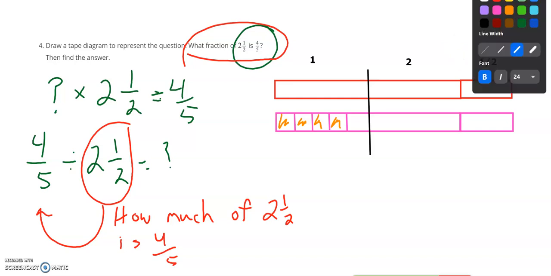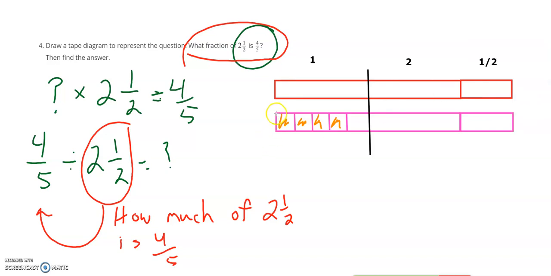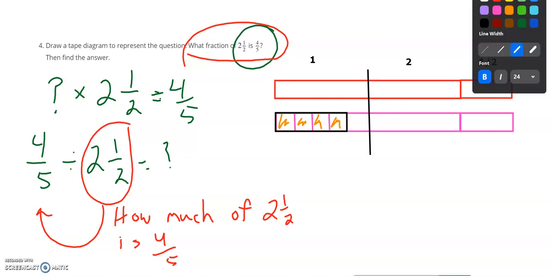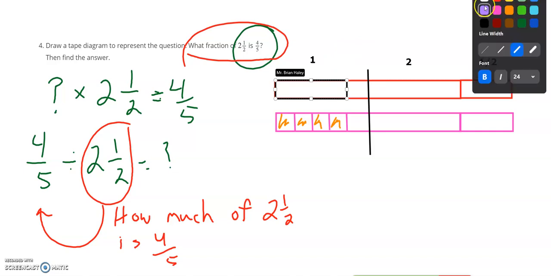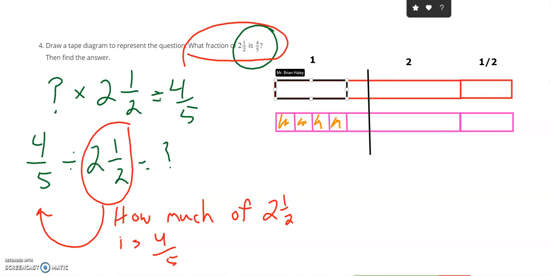What fraction of 2.5 is 4/5? So it's probably not super easy just to look at it and see. But if we split everything up into fifths, it might get easier.